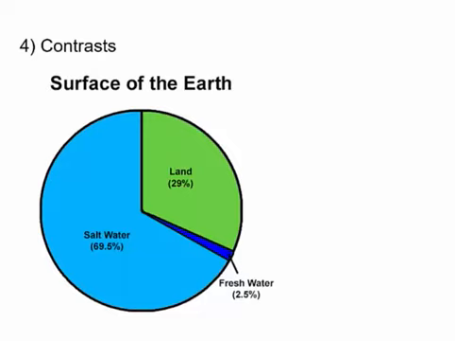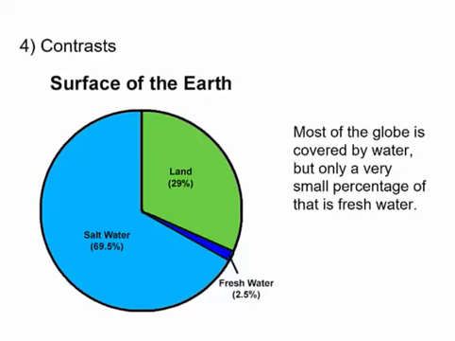And that is that the saltwater and freshwater percentages are so different, right? There's a huge contrast between the amount of the globe that is filled with salt water and the amount of fresh water that we have. So we could report about that information as a key feature. Most of the globe is covered by water, but only a very small percentage of that is fresh water.